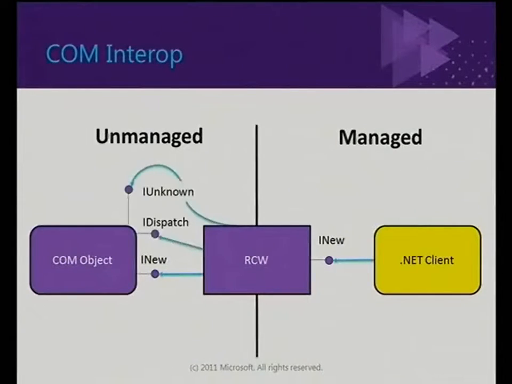What the RCW does is it talks to two interfaces that hang off the COM object: IDispatch, which is used to do any late-bound calls, and IUnknown, which does a lot of the description of the type, how it works, what methods it has, those sort of things. All we have to do is talk to the RCW, and it gives the impression that we are talking straight to a COM object. But there's a lot of complexity that is happening under that.